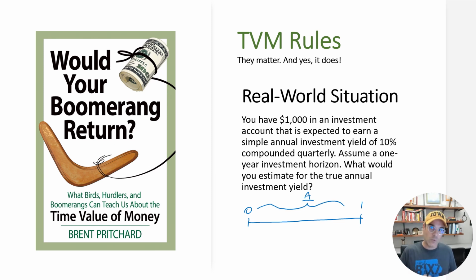That is an annual time span in between period markers. So only a true annual investment yield is going to work. Let's go back to the building block true investment yield equation and put some more words to this. We start with a what?